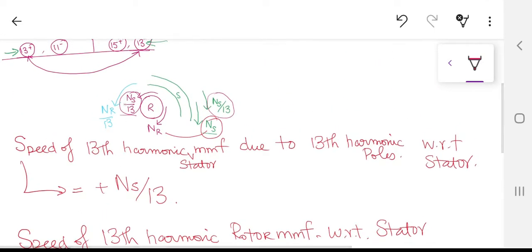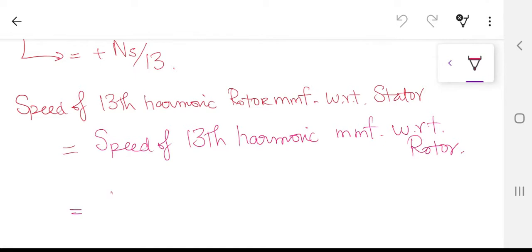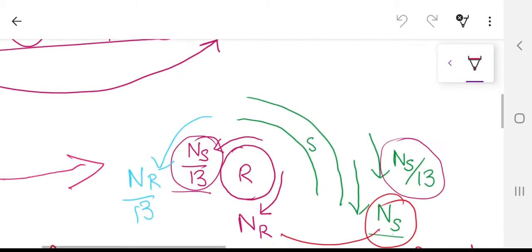If I go back to this diagram, as you can see, ns by 13 is the speed, and because of it there is another MMF produced, the rotor speed, that is nr by 13. So I am going to have the speed of the 13th harmonic MMF equal to ns by 13 minus nr by 13. Why have I subtracted them? Very simply because I want a relative speed between them. I want the speed of ns by 13 with respect to the rotor. The rotor is having an nr by 13 component, because we are still dealing with the harmonics. Remember, we are still dealing with the harmonics at present.